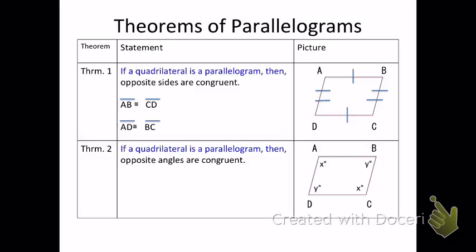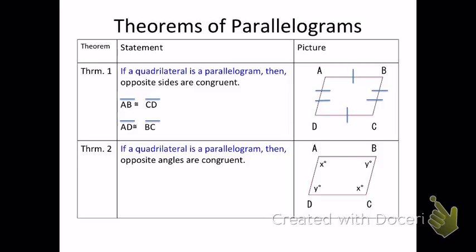So we have angle A and angle C both with the variable x degrees, meaning that they're going to be the same measurement. And angle D and angle B both have the same letter, the variable y, meaning they would have the same measurement. If you wanted to draw on this, your markings would look something like this.